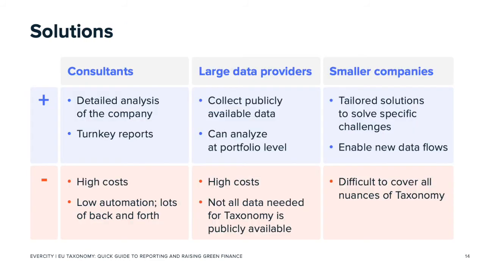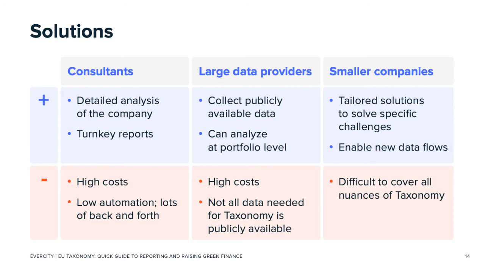Now, what is available on the market? So I really wanted to cover this part so that you can have an idea of a landscape. Who works on this market? Who can help companies with the taxonomy reporting? Of course, there are consultants. There are big four companies and there are other consultants who specialize in taxonomy. There are many advantages of working with consultants.